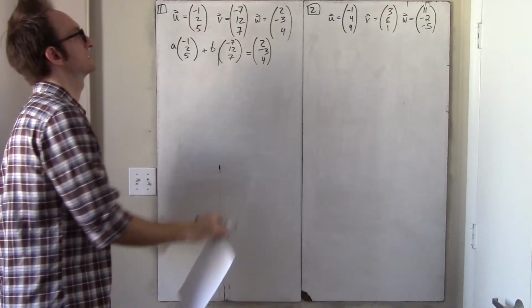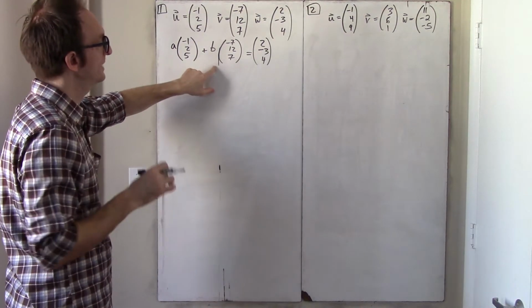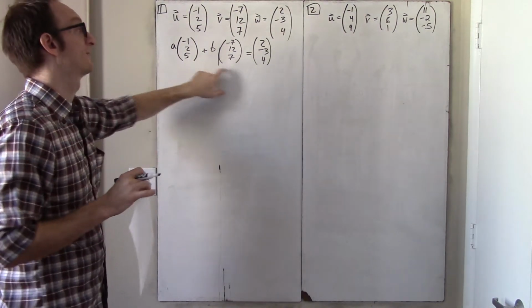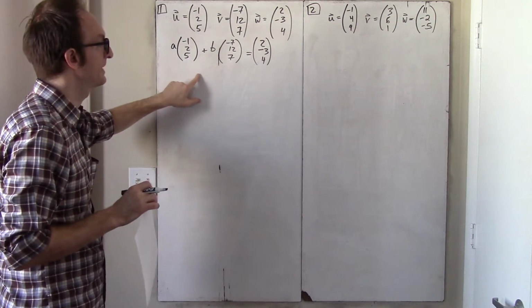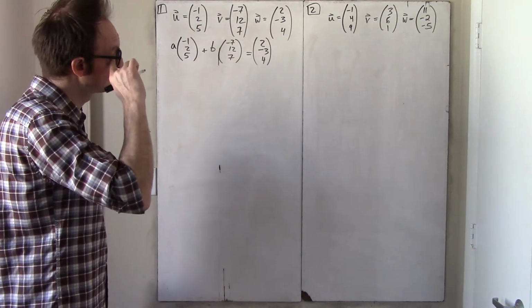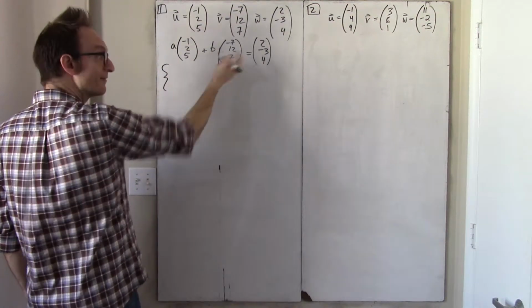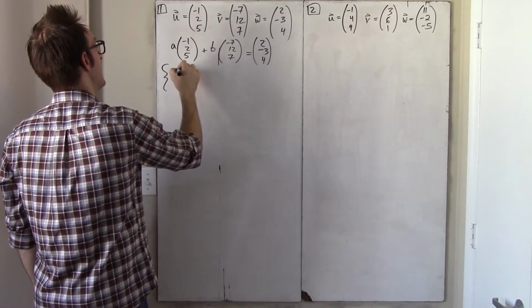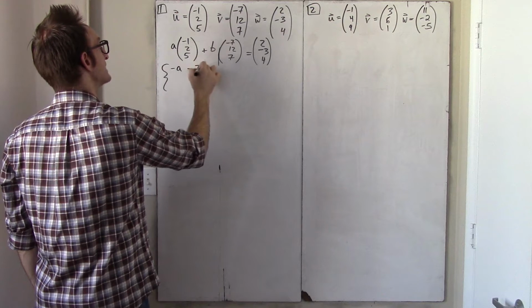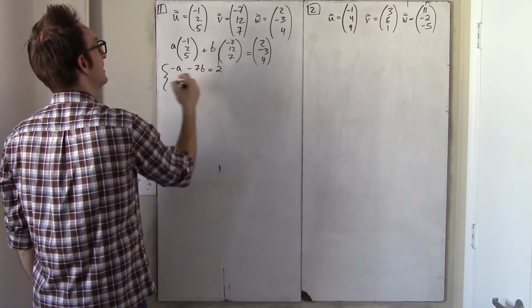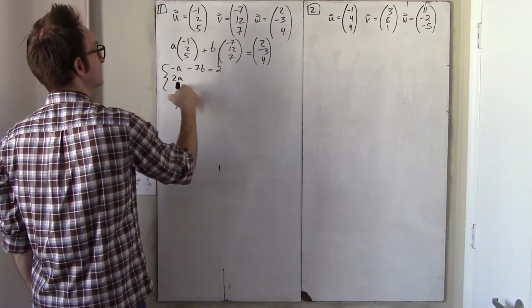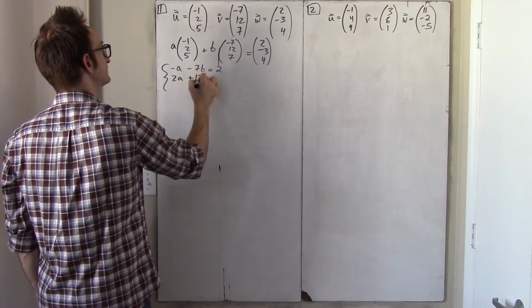Now it becomes easy-ish for a few minutes, because this is a vector equation, and this vector equation can be interpreted as a system of equations. I'm solving this vector equation, and to solve it, I solve this system of equations. That's what this is really asking.